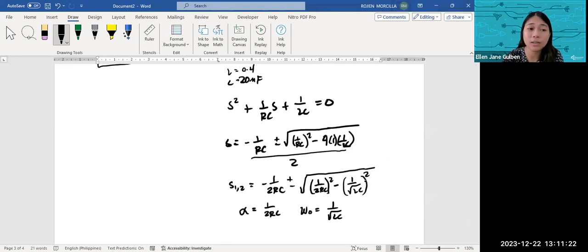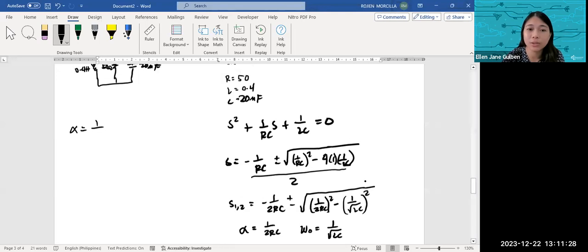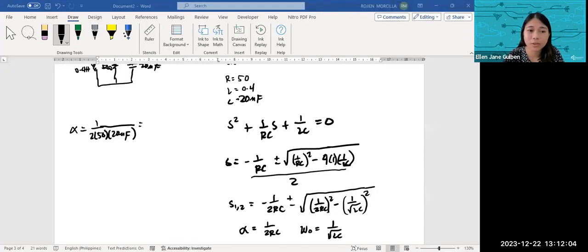So alpha is equal to 1 over 2 times 50 times 20 microfarad. So let's solve that one. This one we will get a value of 500.